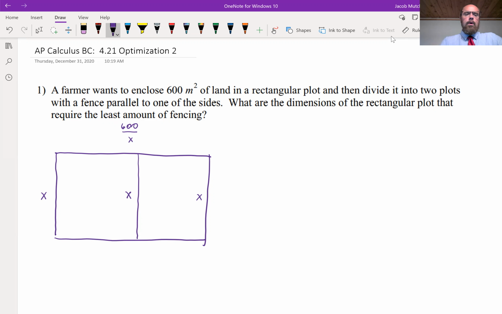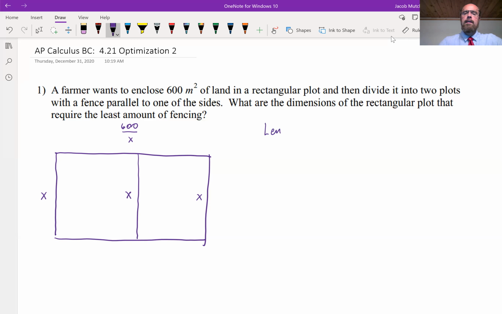At that point, I want to set up an equation that really describes the perimeter of this fence. In fact, I want to set it up for the total length of fencing, because I have to take into account this middle piece, which wouldn't show up normally in the perimeter, but I do have to account for it since I'm using it with some of my fence.